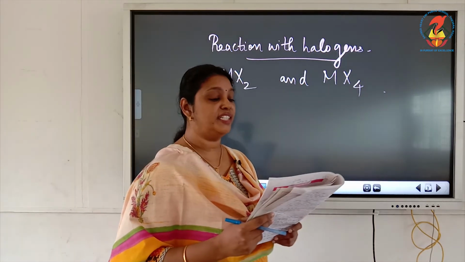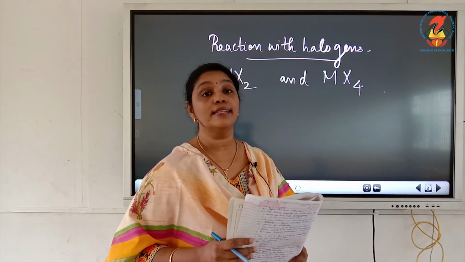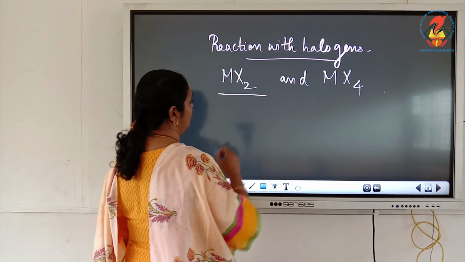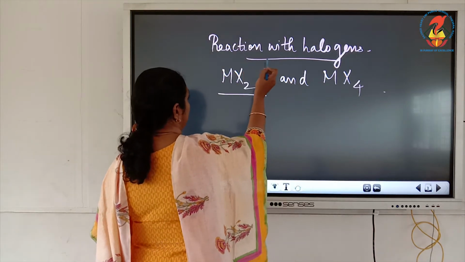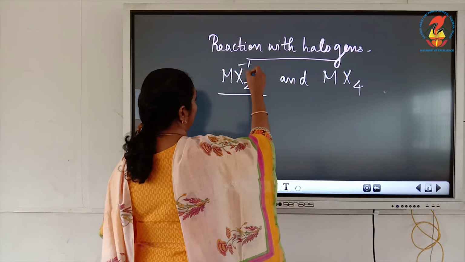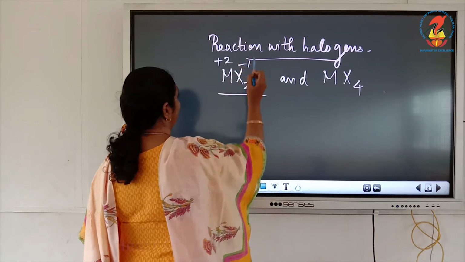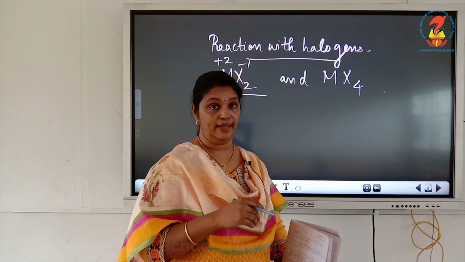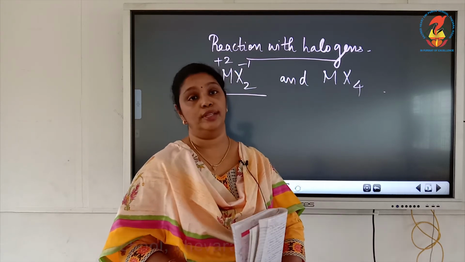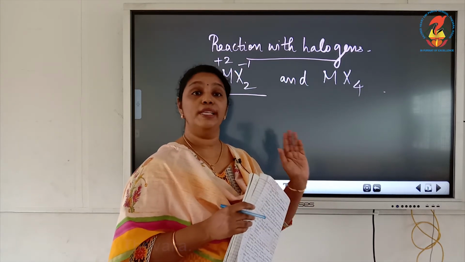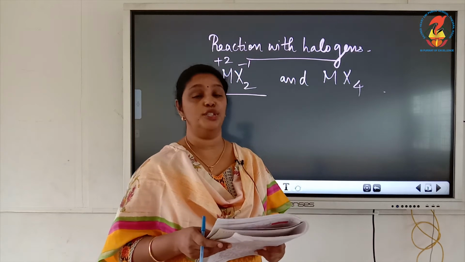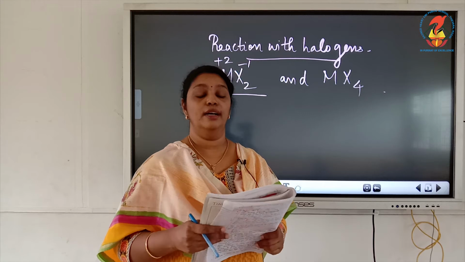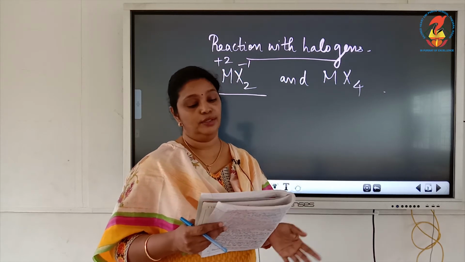The stability of dihalides increases down the group. Dihalides means it has the general formula MX2. So, X halogen charge is -1, -1 into 2 is -2, so the metal takes +2. We know that down the group +2 oxidation state is more stable due to inert pair effect. So, dihalides are more stable down the group.